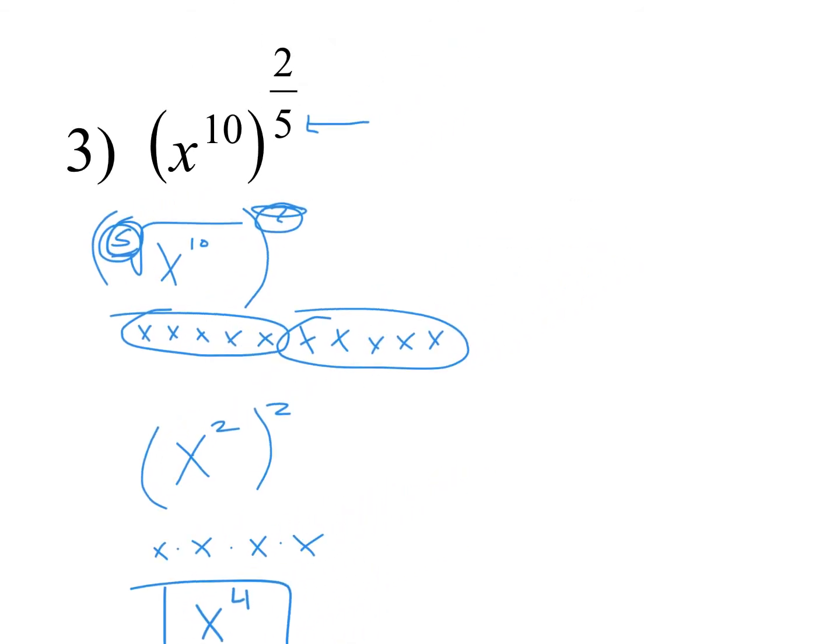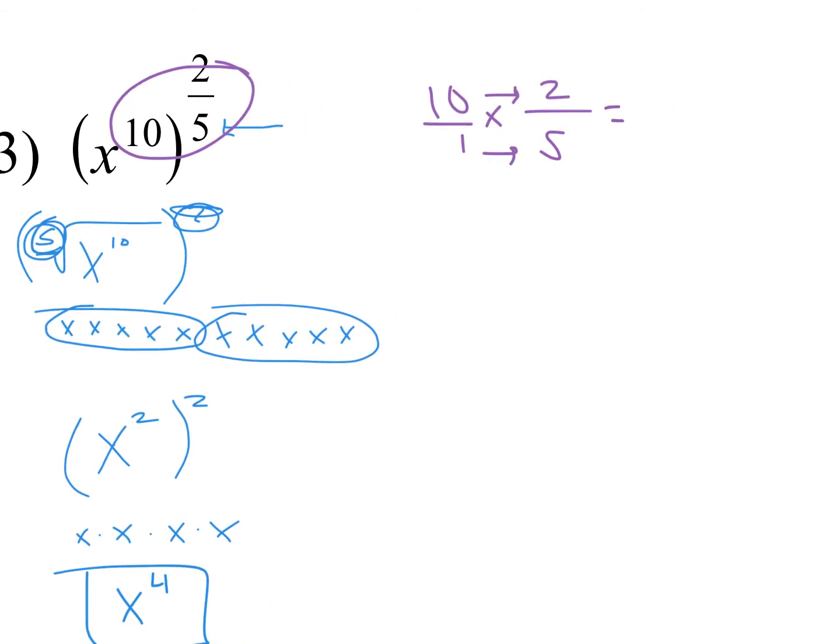Again, we can do it the other way just by multiplying these two together. So we have 10 times 2 over 5. So this is like 10 over 1 times 2 over 5. So we multiply the tops and multiply the bottoms. What's 10 times 2? 20.